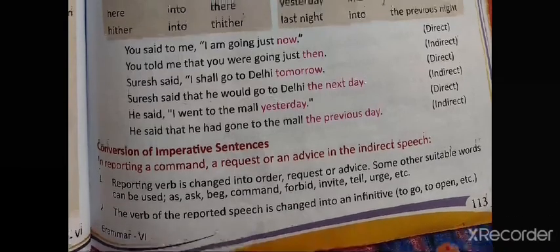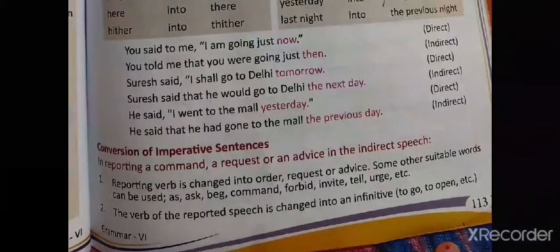So first one is, reporting verb is changed into order, request or advice. Some other suitable words can be used as ask, beg, command, forbid, invite, tell, urge. So for example, if I'm telling you that don't talk, and you are conveying this message of mine to somebody else, you will say, the ma'am has ordered to keep quiet.